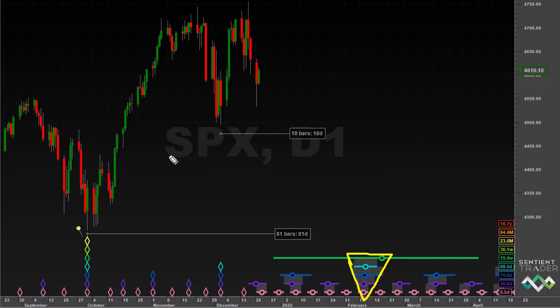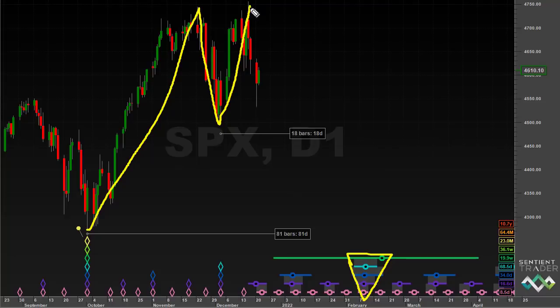But I would like to point something out, which is that cycles form M shapes in markets. And an interesting thing has started to develop. I am always on the lookout for some symmetry in markets. And there has recently been a slightly bearish symmetry forming. Can you see that I am there beginning to describe an M shape?